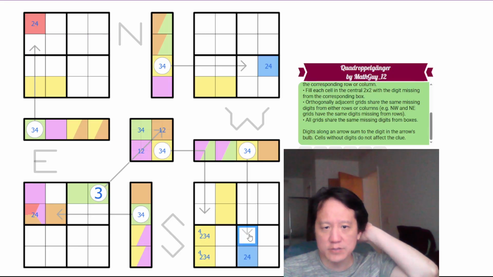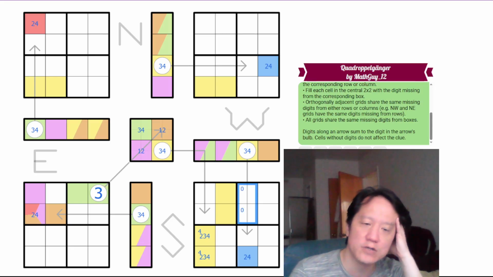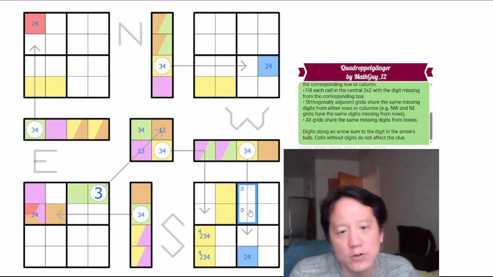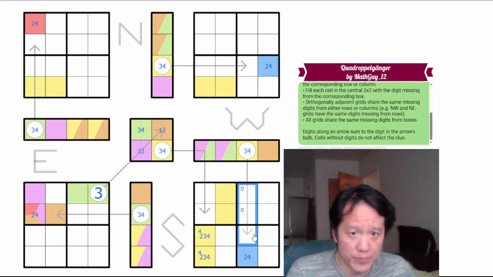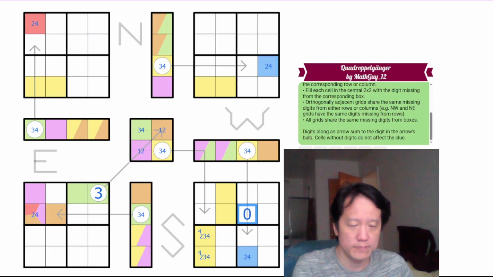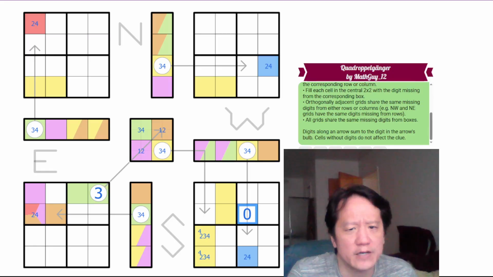So this cannot be 0, which means 0 has to be one of these two digits here. And this 0, cool. The 0 on this arrow cannot be missing orange and orange in the same box. So 0 has to be here. Very cool, actually. That's really cool.